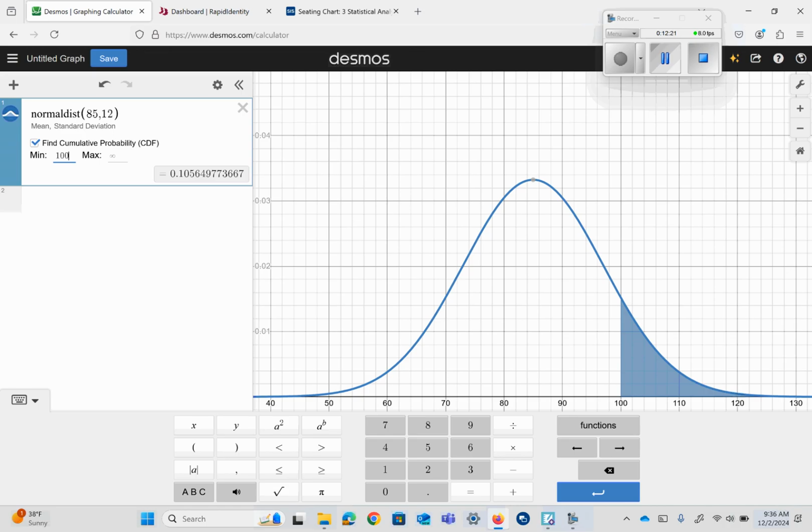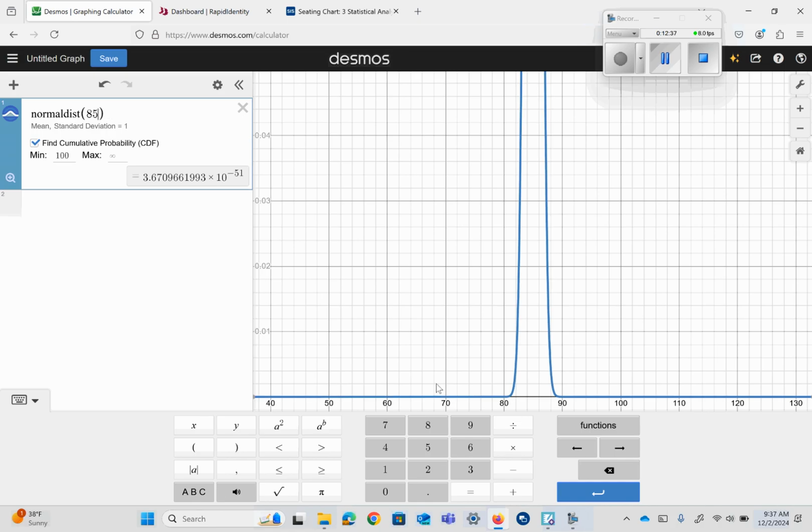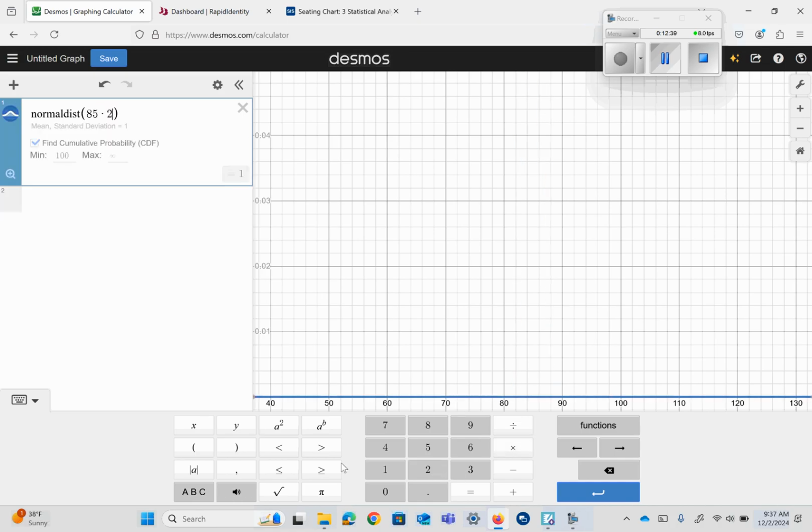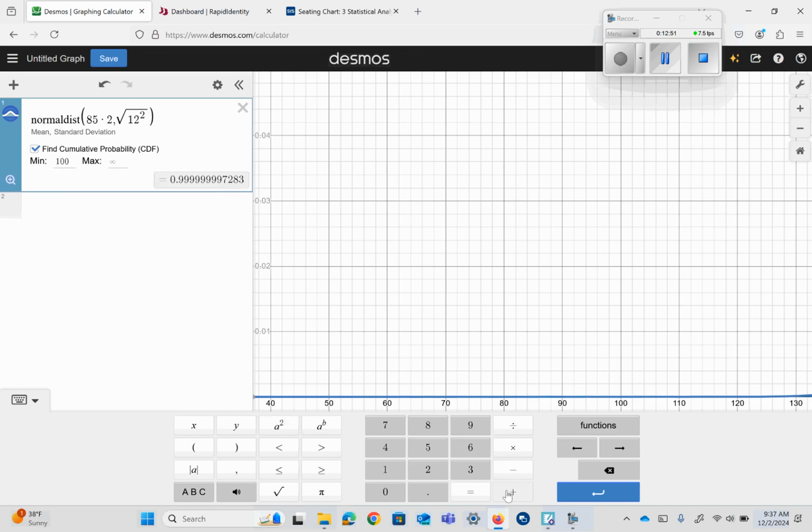It says you buy 2 apples, what percent of pairs of apples will weigh between 155 and 180? On this one, we have to change our normal distribution. We go 85 times 2, because 85 plus 85. And then our standard deviation is going to be the square root of 12 squared plus 12 squared.